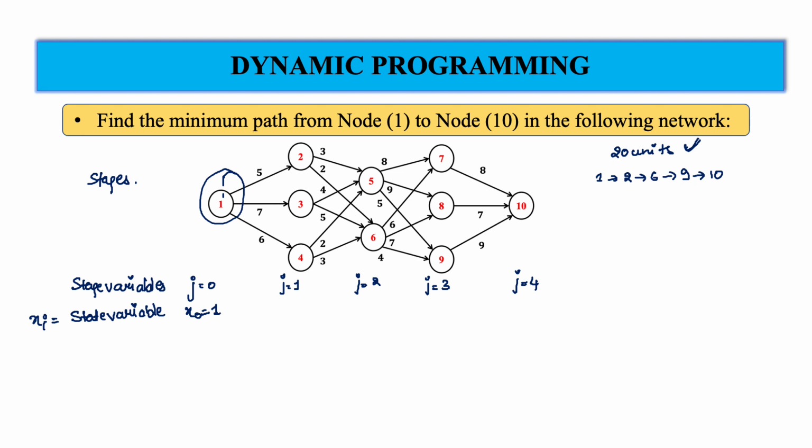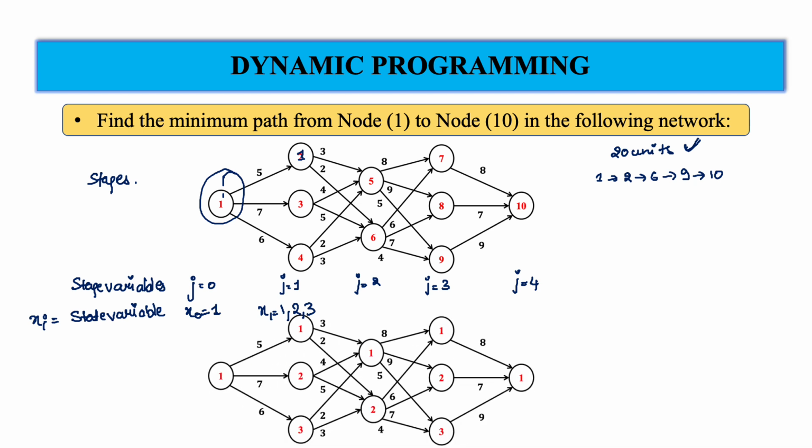Corresponding to the next stage we have 3 nodes, so the state variable x1 equals 1, 2, 3. We call them 1, 2 and 3.